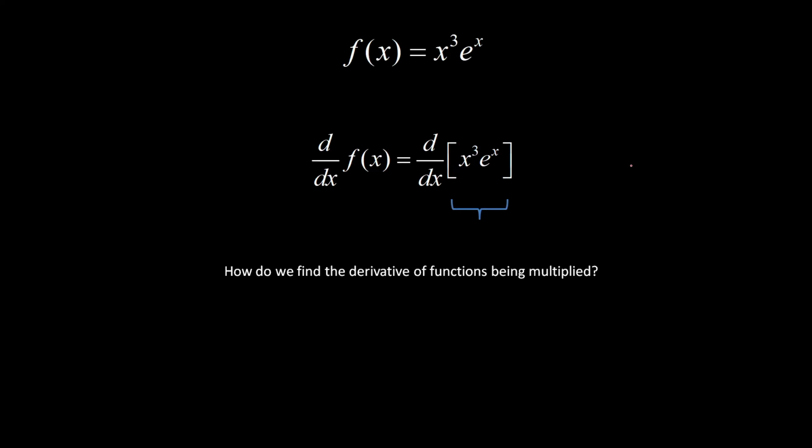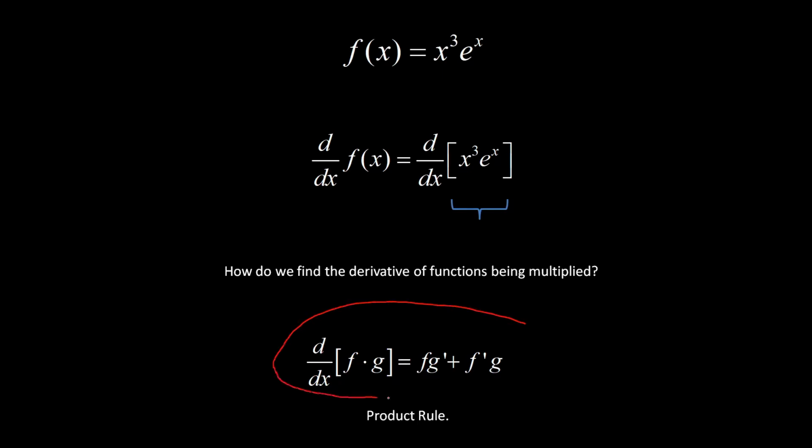And the answer is the product rule. The product rule is something that we can mathematically prove and define and have figured out. And we're just going to now accept this as the answer for dealing with multiplication. And this is something that you're going to want to remember.